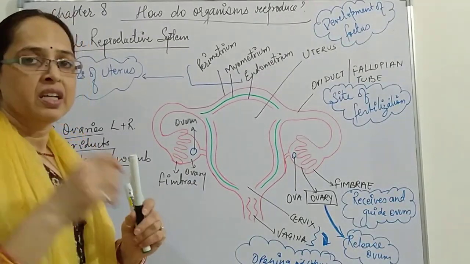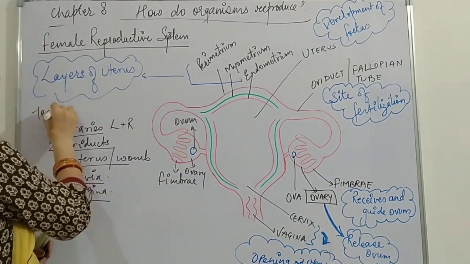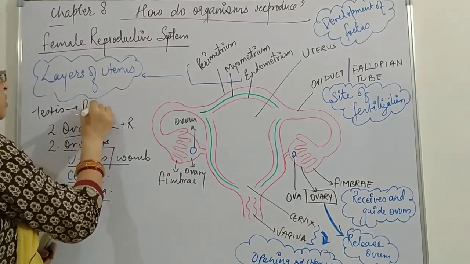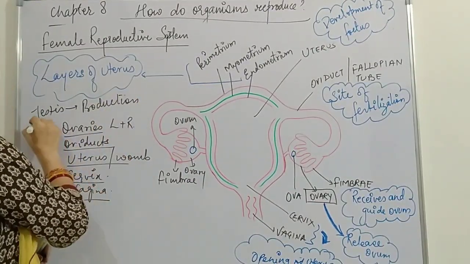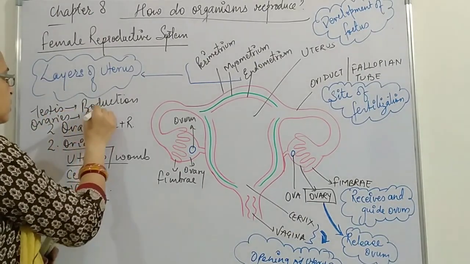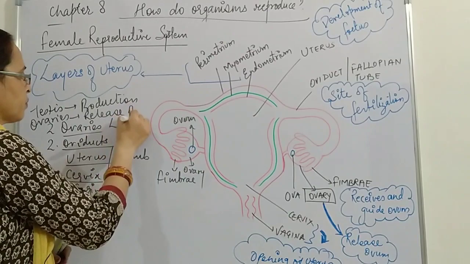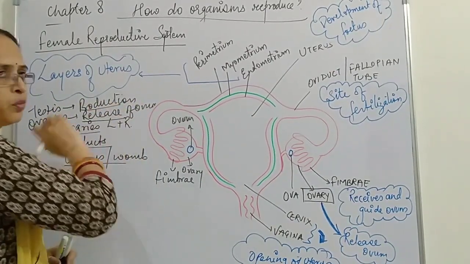So now just stick to the words. I said testis, production of sperm. And when we talk about the ovaries, release of ova. So there is a difference between production and release.